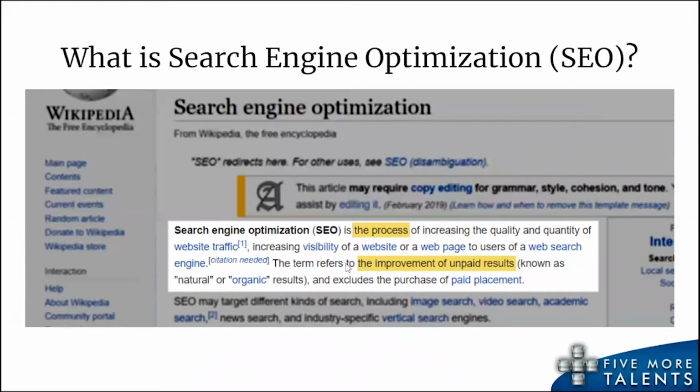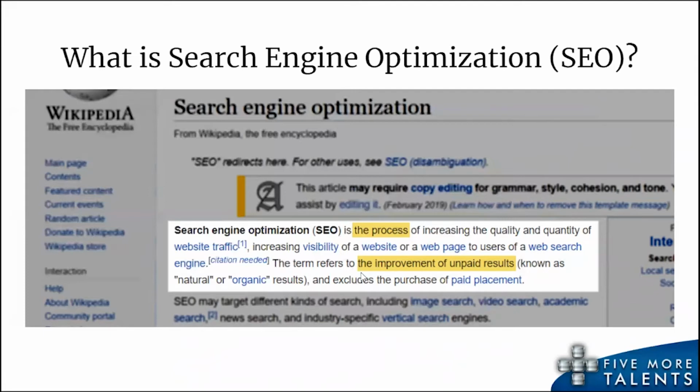And then secondly, it refers to the improvement of unpaid results rather than buying an ad, all right? If you look at Google's business model, or Bing's business model, or Facebook's business model, the primary source of their revenue is from ads, people buying ads which are displayed on their website.